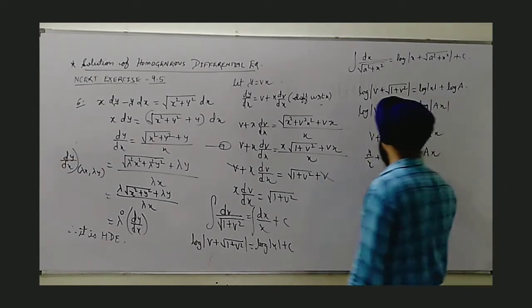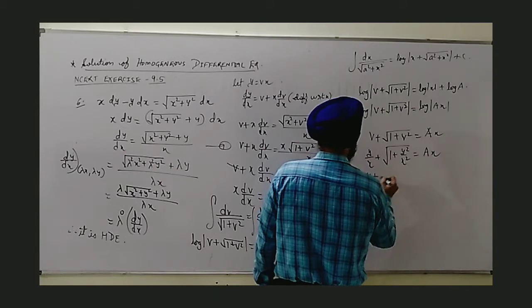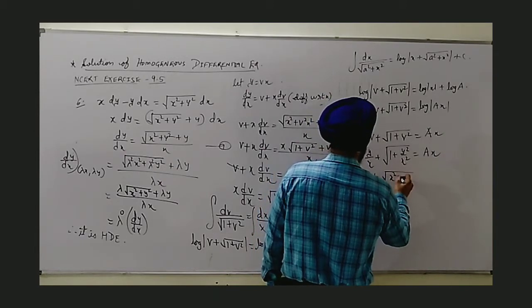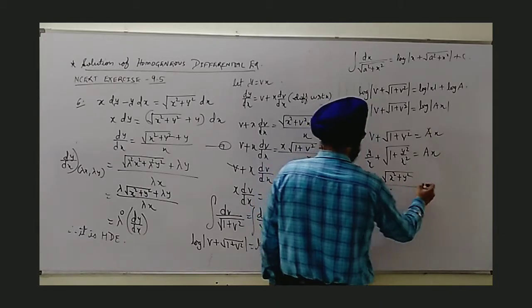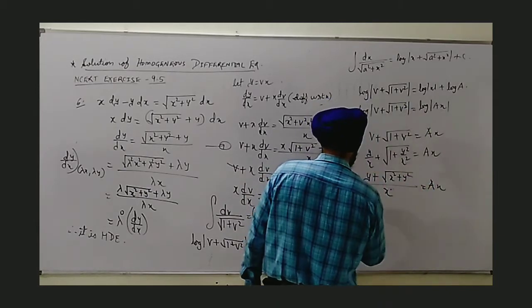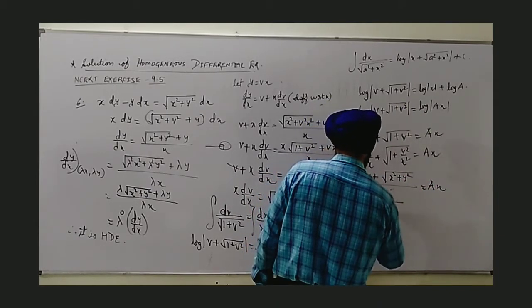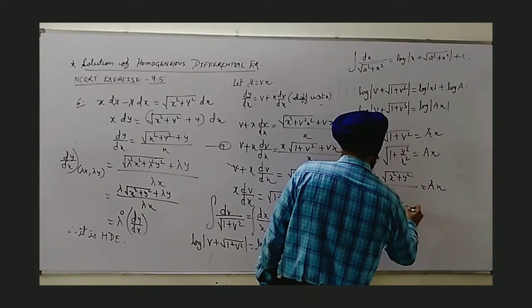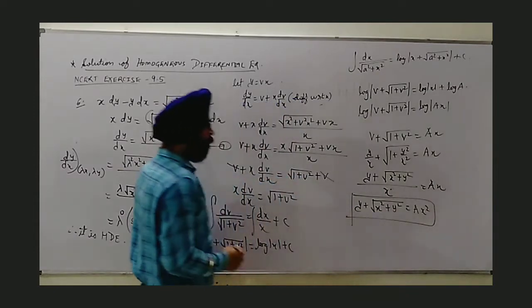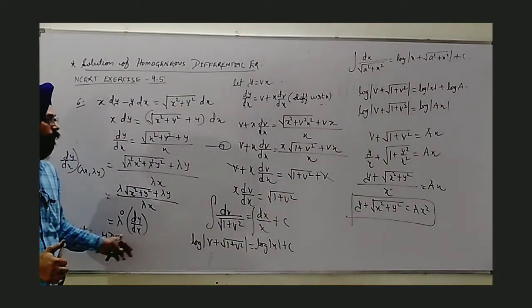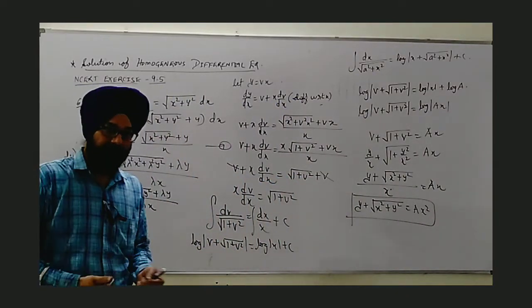Simplifying, we get y plus under root x square plus y square upon x equal to ax, and the final answer is here. So these we have solved, standard pattern questions.